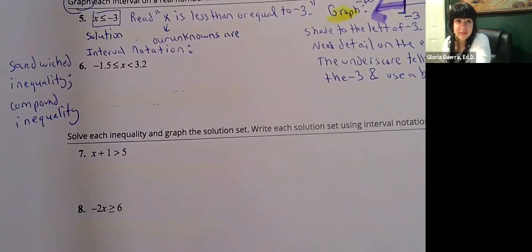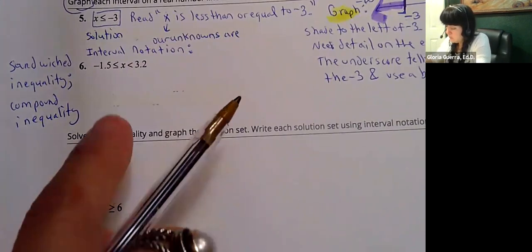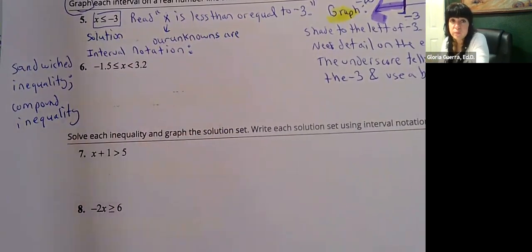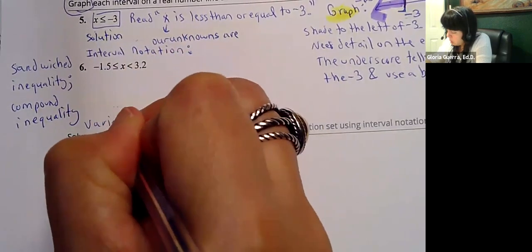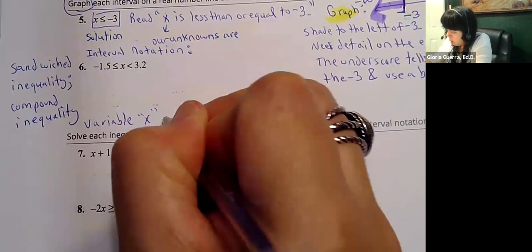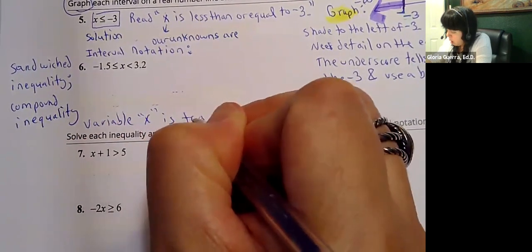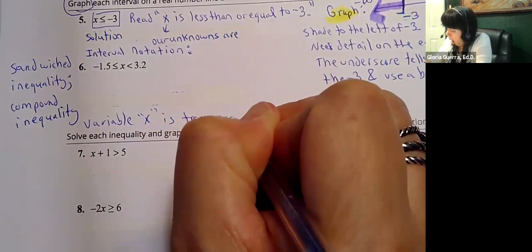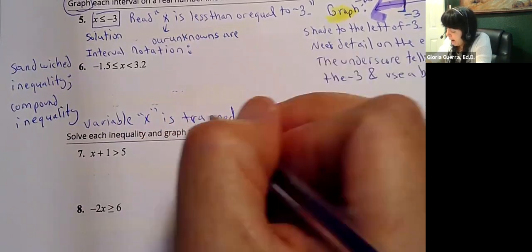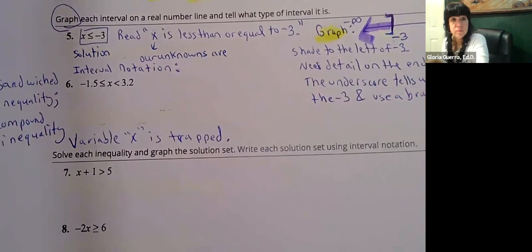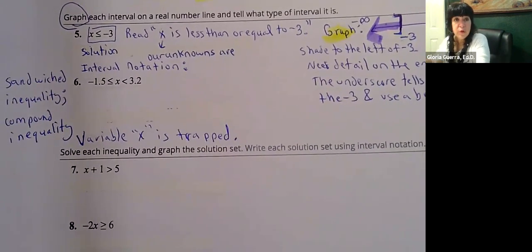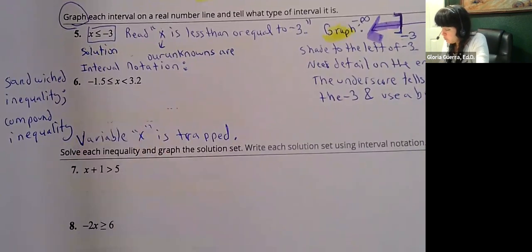So loose slang is sandwich inequality, but formal is a compound inequality, okay? So the thing is that here, the variable x is trapped. Your variable x's are your unknowns. Your unknowns are trapped.